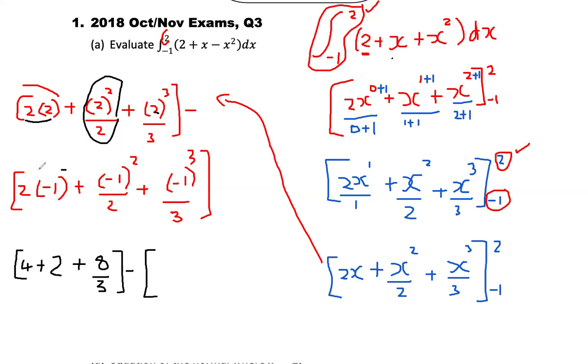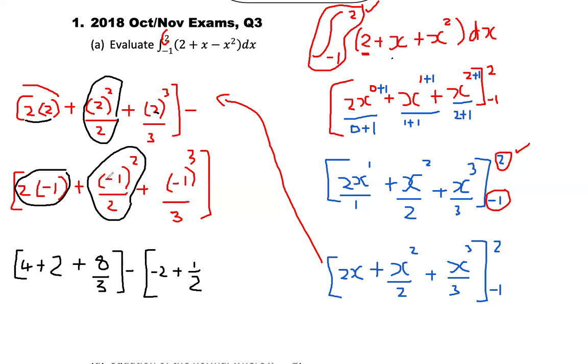We do now, we put a minus, we do the same thing. What do we have here? Negative 2. Right? Yes. And what do we have here? It's actually half.